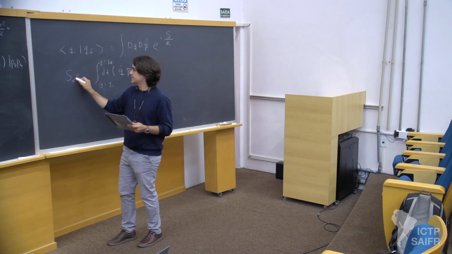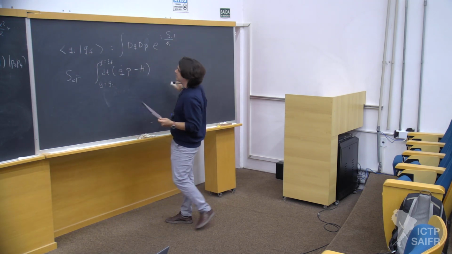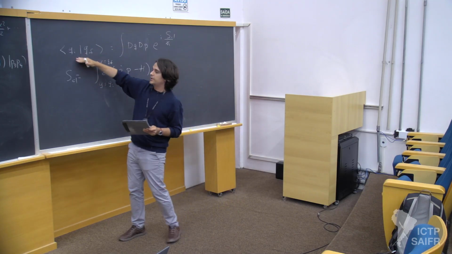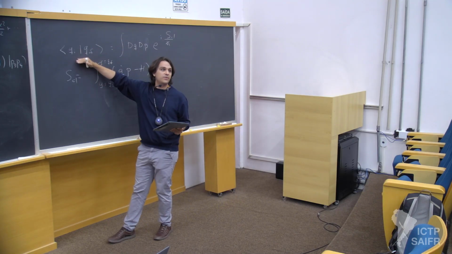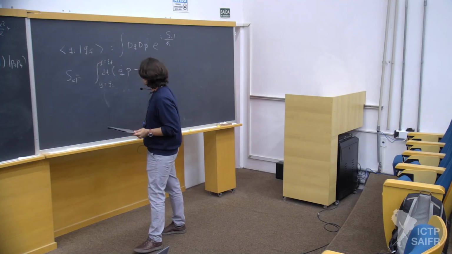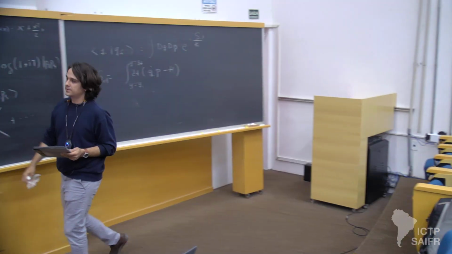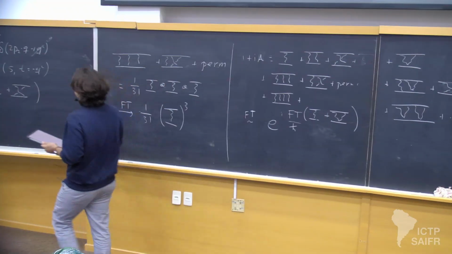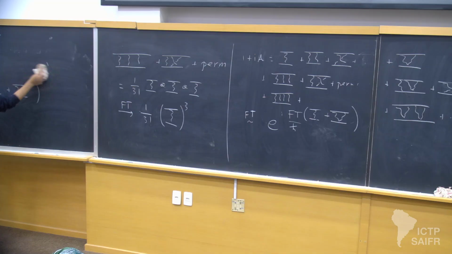So this is this classical action. This is not exactly what we're computing, because we're computing a scattering amplitude where we fixed initial and final momenta. So the actual object that this phase corresponds to is the following.